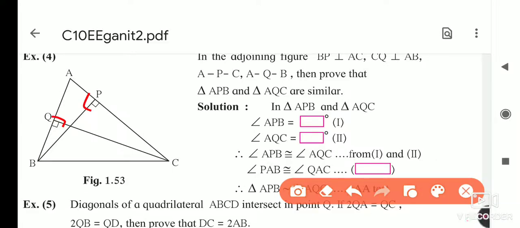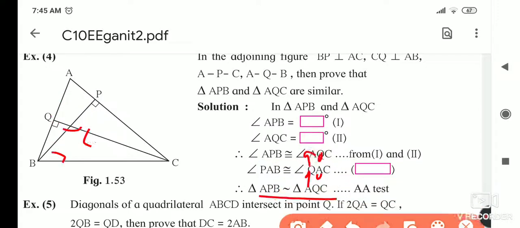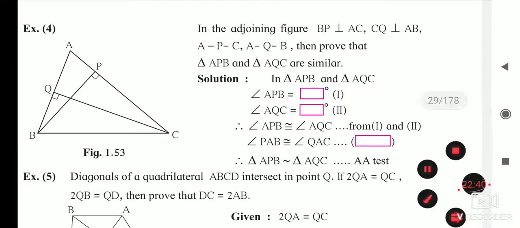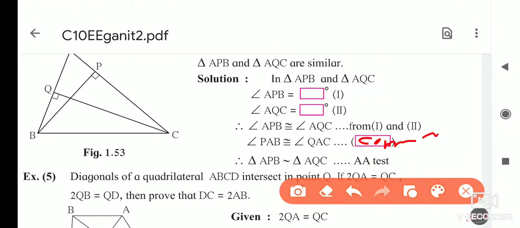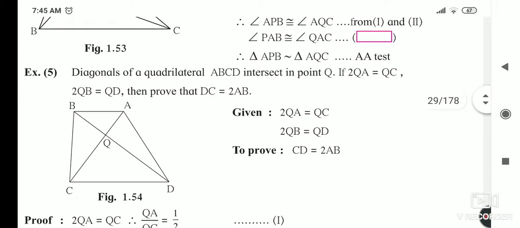So angle APB is 90 degrees and angle AQC is also 90 degrees. Then angle APB is congruent to AQC because both are 90, and this angle is a common angle in between them, and that's why these two triangles are similar to each other by which test of similarity? That is the common angle. Okay, so these two triangles are similar to each other by AA test of similarity.